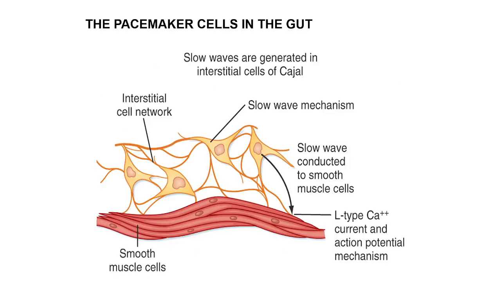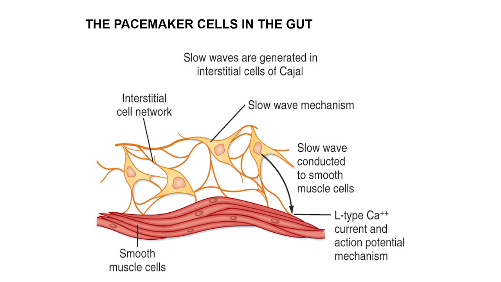The muscle cells forming the gastrointestinal tract are all smooth muscle cells. Stomach has an additional oblique layer, which is the innermost layer. And smooth muscle cells, as you remember from foundations, have automaticity, so they have pacemaker activity.